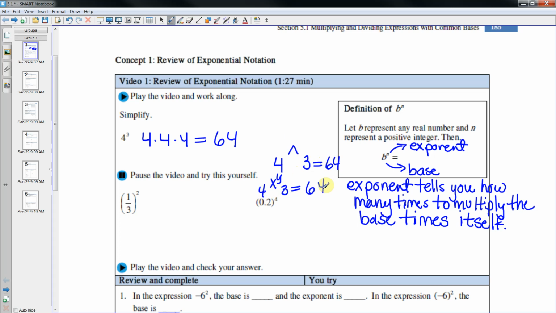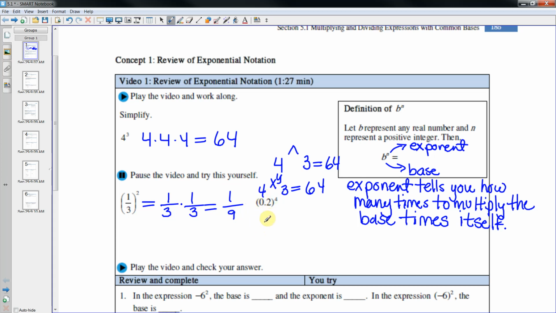Where you have to be careful on the calculators is if you have something like 1/3 squared, because if you put 1/3 in the calculator, a lot of times it's going to give you back a decimal, and we don't want a decimal answer for this particular problem. On a decimal, we would want a decimal, but not on a fraction. So you need to recognize that this is 1/3 times 1/3, and you can multiply that out. 1 times 1 is 1, 3 times 3 is 9, so that would be 1/9.